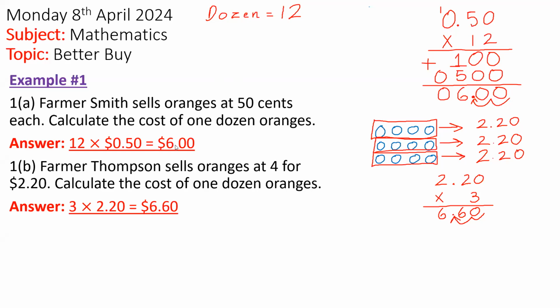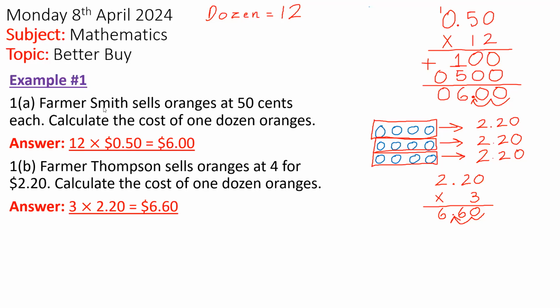The final answer is $6. Yes, $6. So if we multiply 12 by 0.5, that gives us $6. That's how we got the cost for a dozen oranges for Farmer Smith.